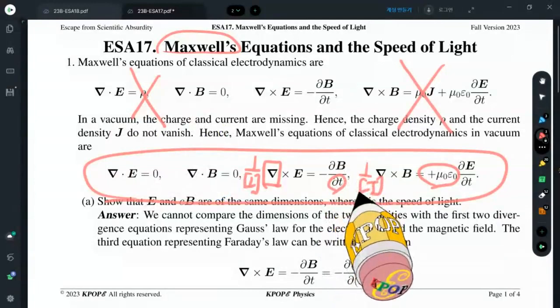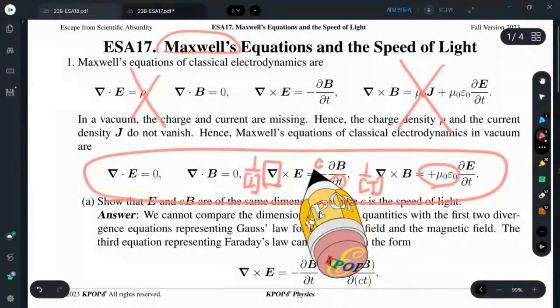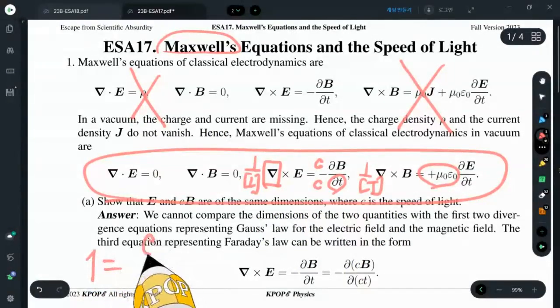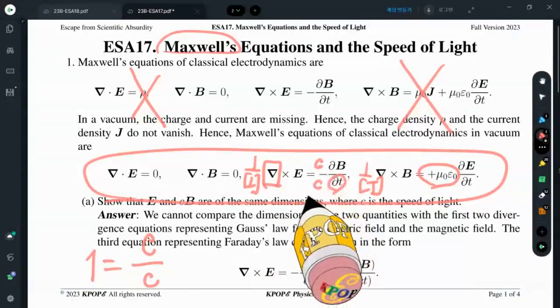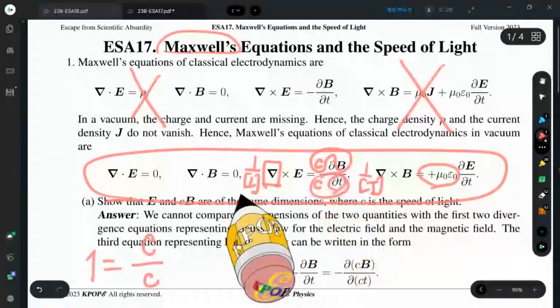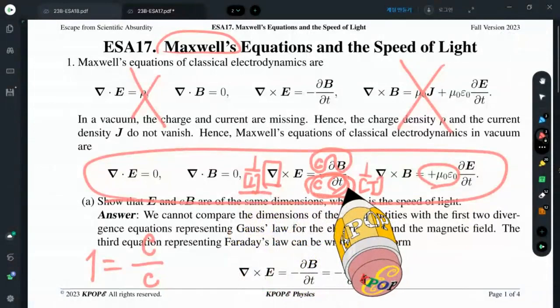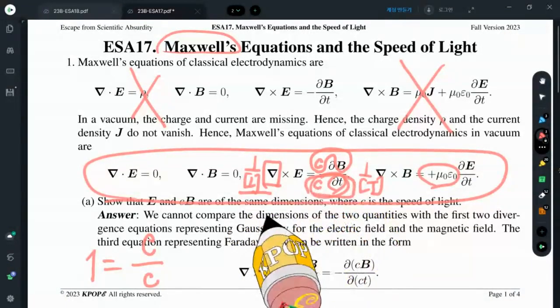So what I would like to do is multiply a conversion factor 1, that is C divided by C. Multiplying this one, I can combine this one and this one. So this and this, C times dt becomes the same dimensions.